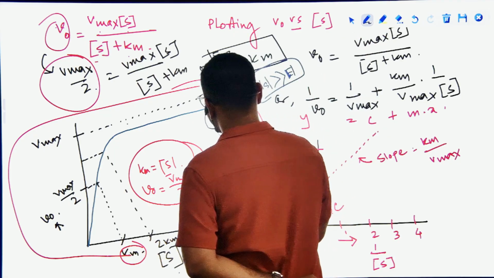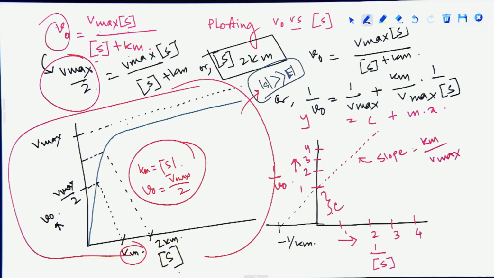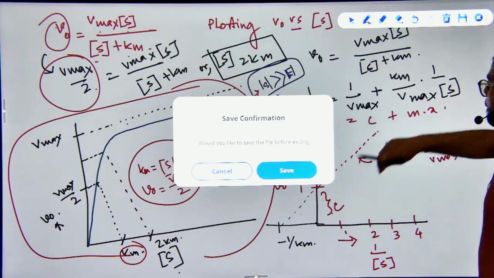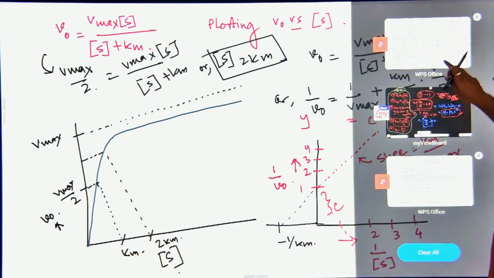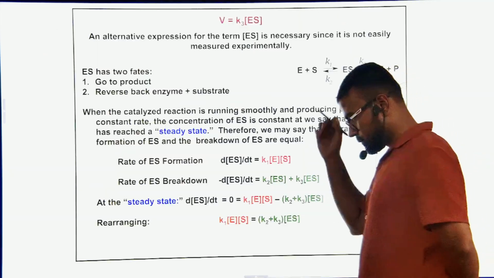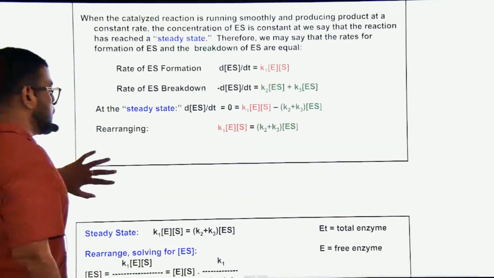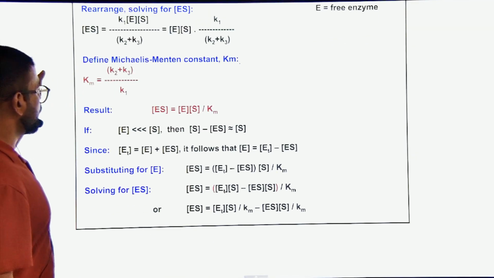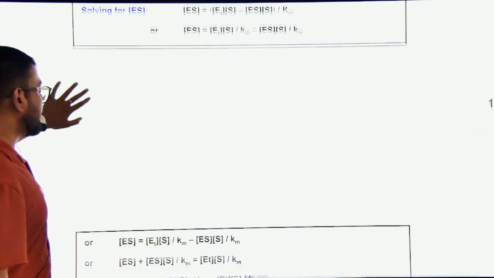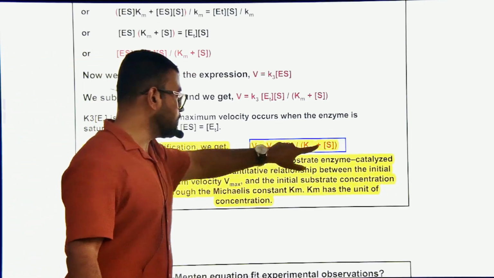This is the criteria in order to receive this hyperbolic curve. So this is how the overall Michaelis-Menten equation is established. No need to go through the details of it. So this is the final form.